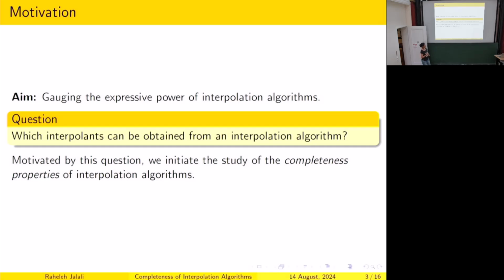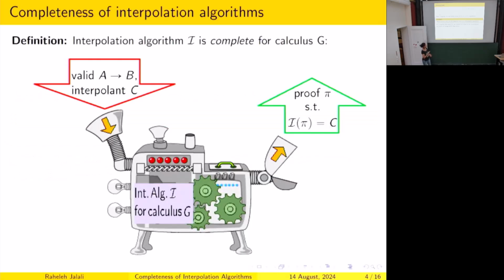What do I mean by completeness properties? The question is that you fix a calculus, G, and then you fix an interpolation algorithm for this calculus, let's say I. So the interpolation algorithm I and the calculus G are fixed. Then you ask whether for any valid implication A implies B, and for any interpolant C of this implication, which are given as input, can we find a proof pi in the calculus such that I of pi will be C?